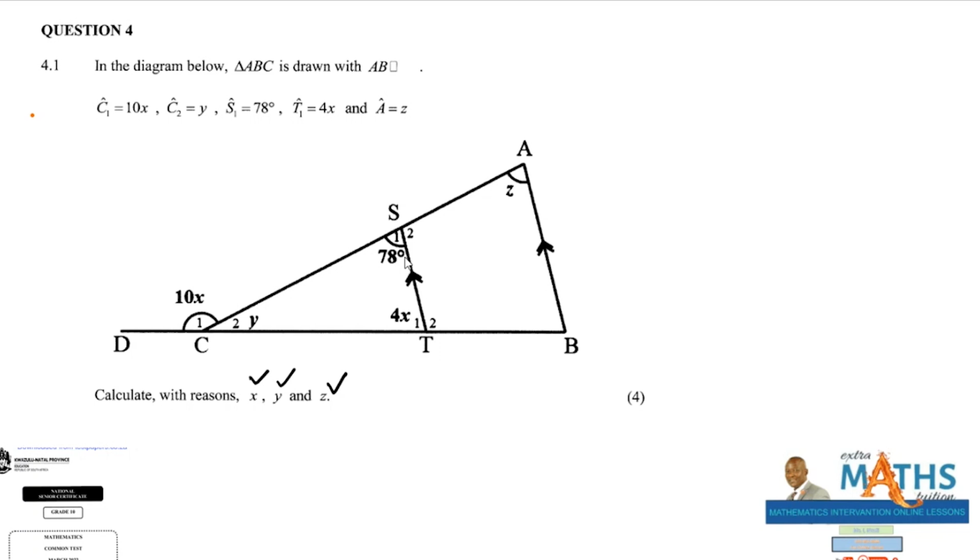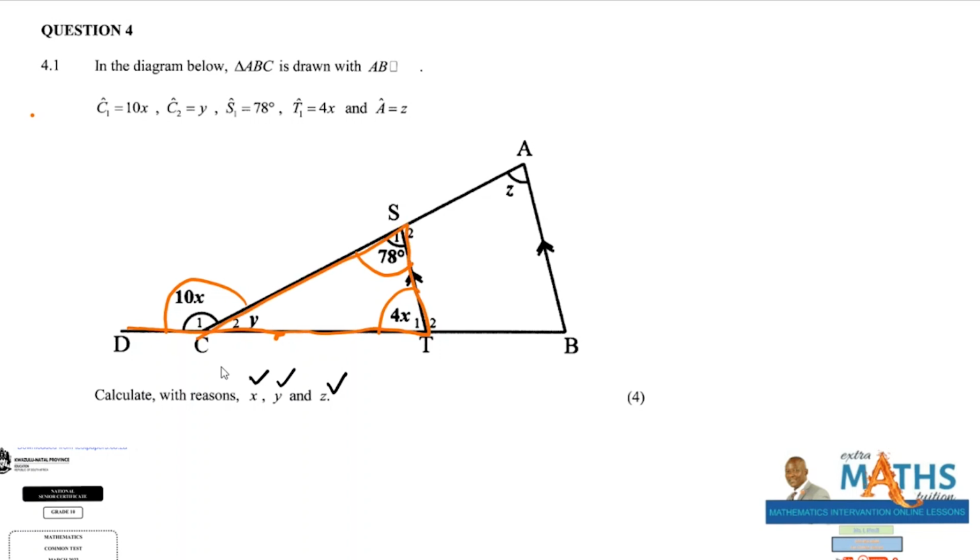Okay, now to find the value of x, there's your x and there's your another x, and the given value is 78 degrees. Okay, these x's, they are not on any parallel lines, but I'm noticing something here, that I have an exterior angle of a triangle.